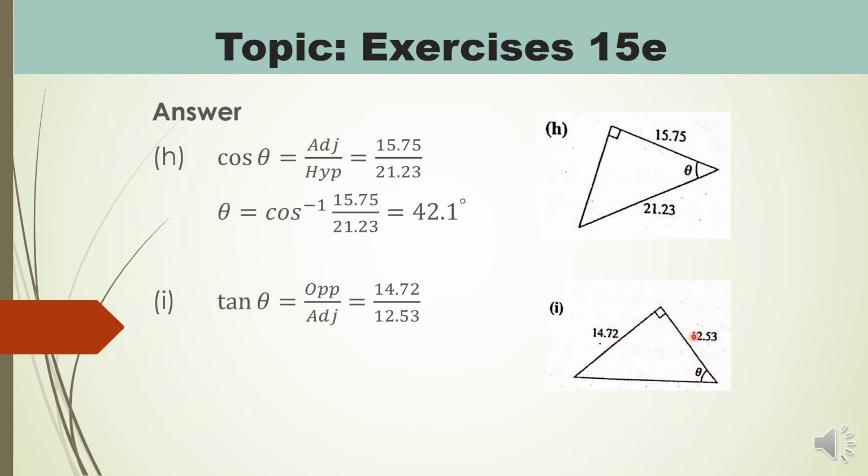You have only one choice, use tan, because tan equals opposite over adjacent. To find theta, take tan inverse of 14.72 over 12.53, which is 49.6. This answer is given to 3 significant figures.